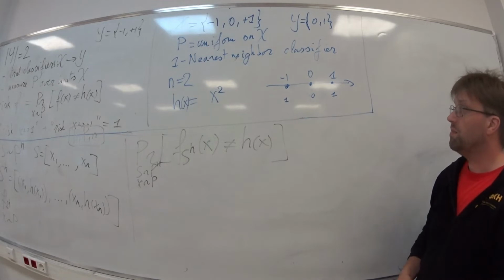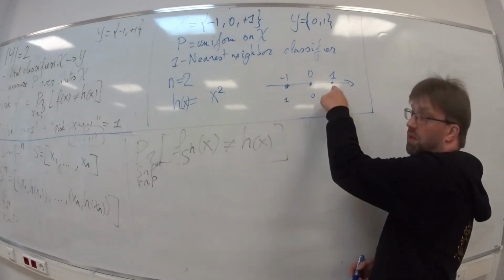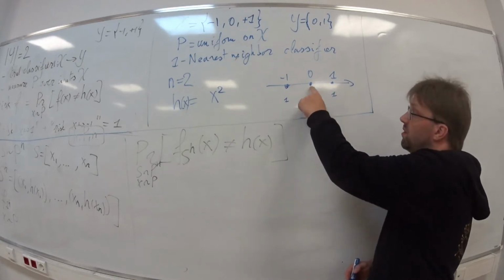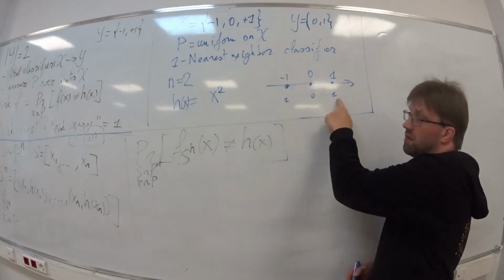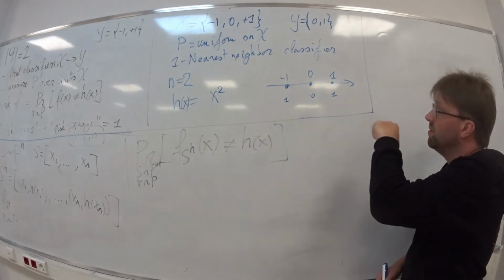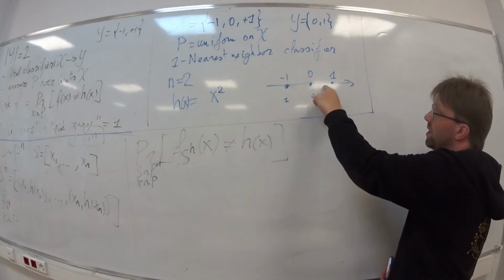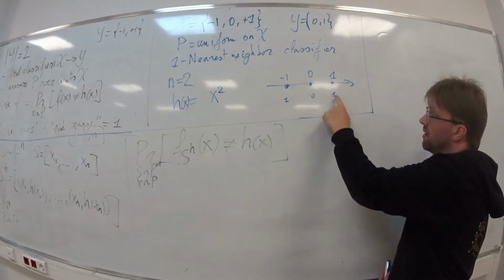So imagine the training set consists of -1 and +1. And then we ask for point 0. Then it will predict the label 1. If it is -1 and 0, and we ask for the label on +1, then it will predict 0.